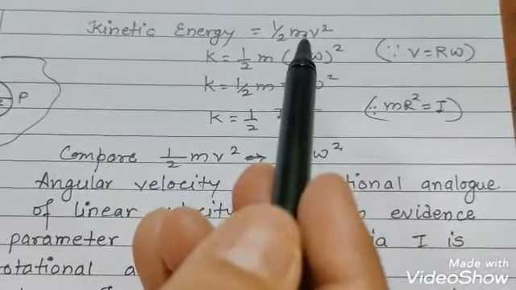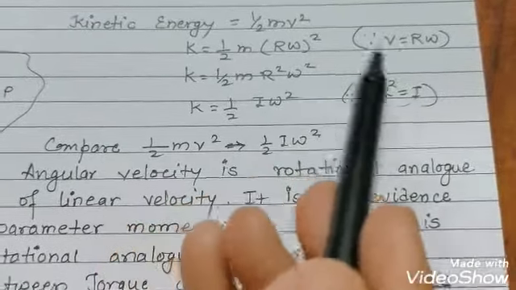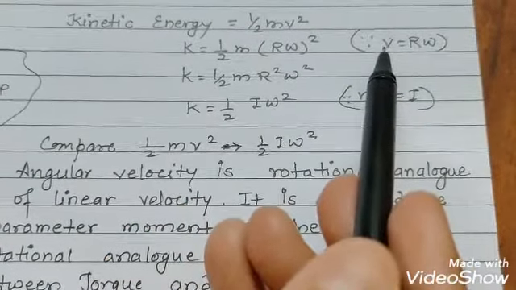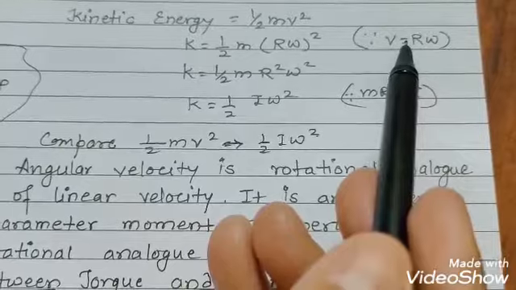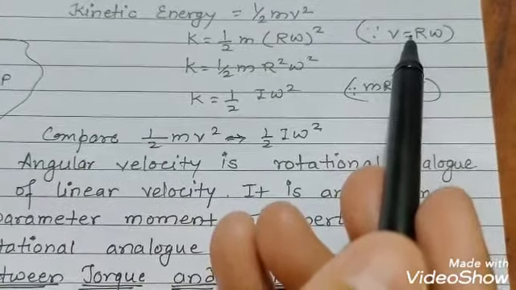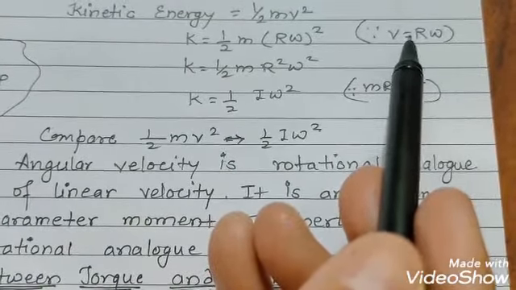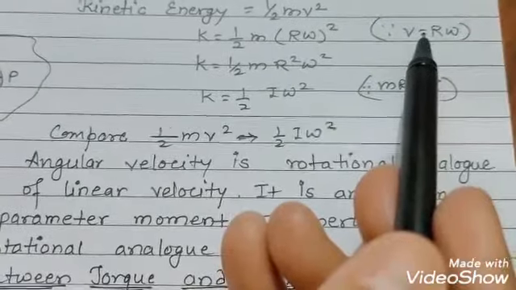Already we have derived the relation between linear velocity and angular velocity: v is equal to omega r, where omega is the angular velocity and r is the perpendicular distance of that particle. Okay, so this is r.